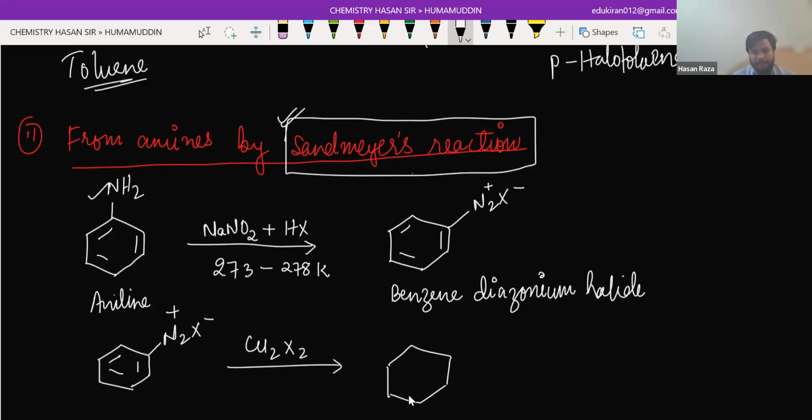You will be getting halobenzene, and N2 will be released. X here can be only chlorine and bromine. For iodine, we will use another reagent. For iodine, we just need to react potassium iodide with benzene diazonium halide. You will get iodobenzene as well.